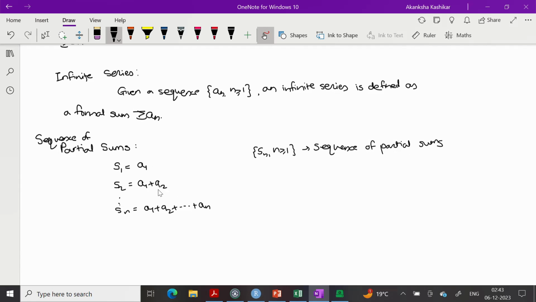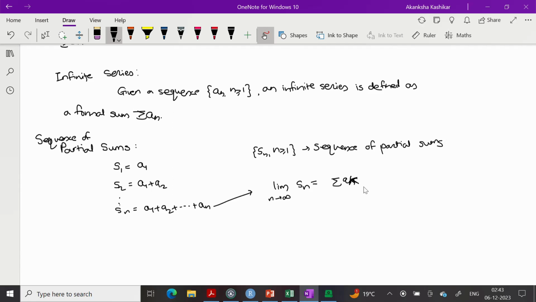You can see that if my a_i's are non-negative, then the sequence S_n will be a non-decreasing sequence. And now from this I can write the limit as n goes to infinity of S_n as what we mean by an infinite sum, summation a_k, because I already have n on the left hand side.